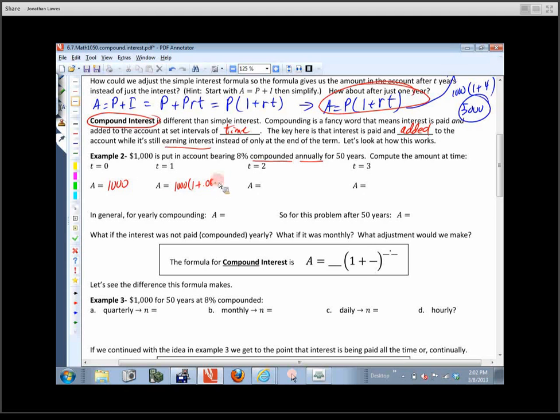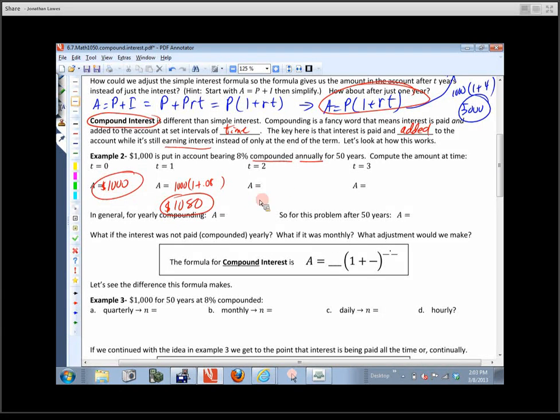That's going to be a 1, right? Now, do I need to write that 1? Don't need to write that 1. Okay. So if I multiply these together, what's 8% of 1,000? 80. So that means I'm going to have $1,080. Got $1,000 here, $1,080 right there.